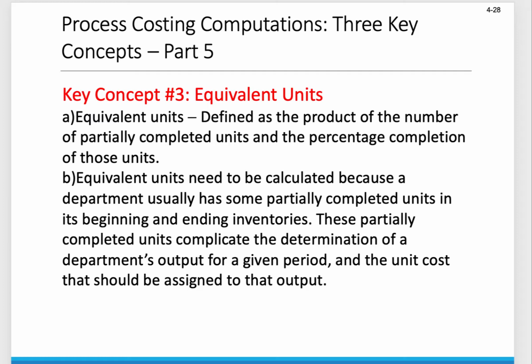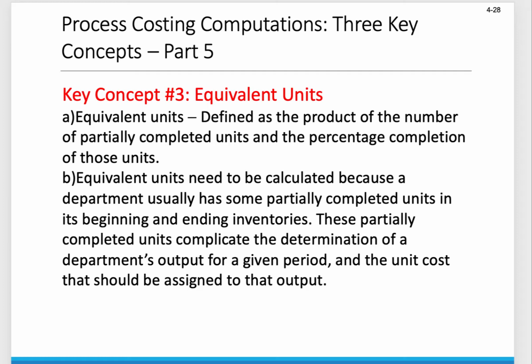So what we do is multiply the number of partially completed units by the percent that they are completed. So we have to calculate these equivalent units. It's really important, and we're going to see at the end of the calculation that basically what we're doing is taking equivalent units and figuring out how much we should have based on the percent of being completed.